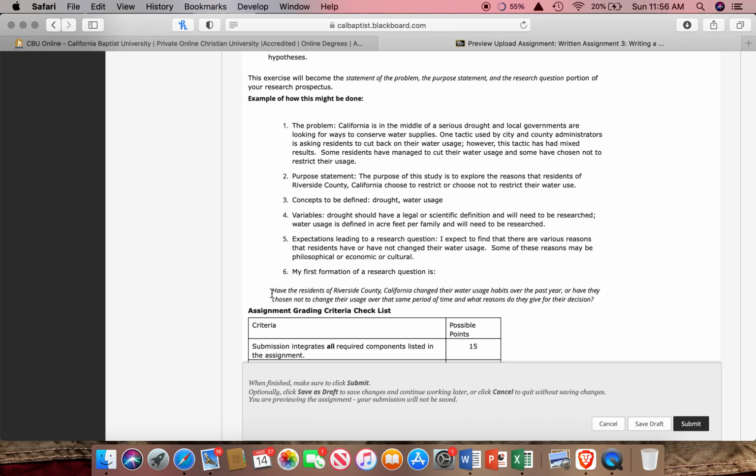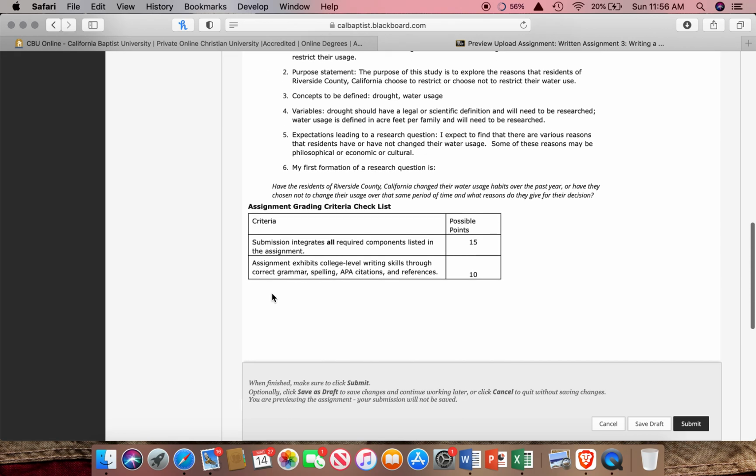I have provided to you an example of a prospectus and a template of a prospectus, and you can see how these assignments this week will fill right into that chapter 1 of our prospectus. The breakdown is 25 points: 15 for incorporating all required components, and 10 points for your grammar, spelling, and APA citations if needed.